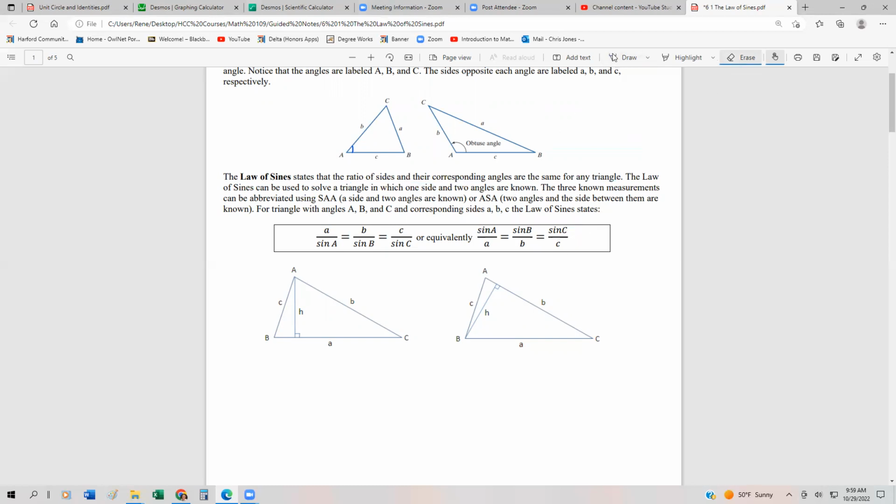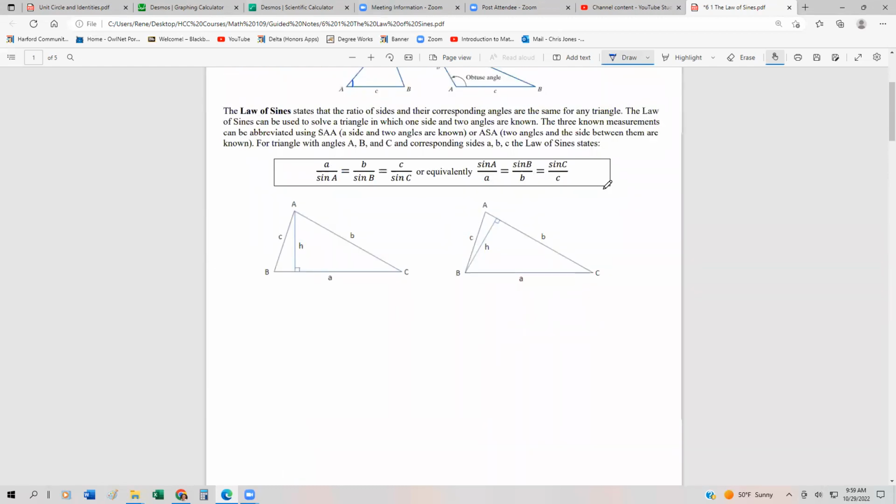Now, let's verify this. The law of sines is actually fairly easy to verify. Notice that we have the same triangle, capital ABC, because the angles are capital. We take a look at two different heights, one here and one here. Just assume that they're going to be the same measure, which they are in this diagram.